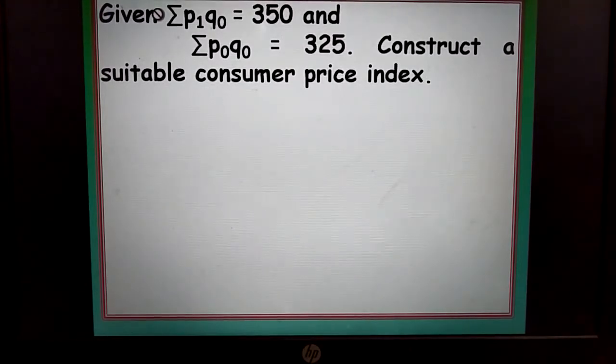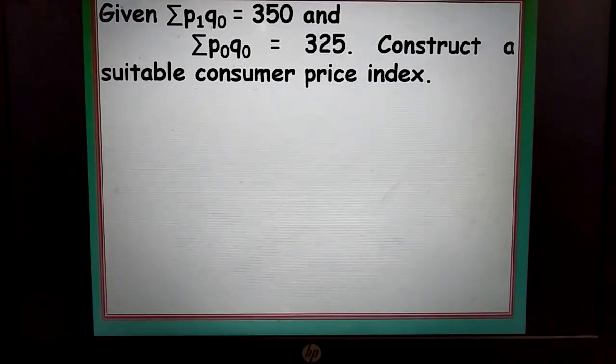We should calculate in the name of consumer price index number. Obviously, both answers will be same because the formula remains the same. But the heading which you give also matters. It is asked consumer price index number, and that too a suitable consumer price index.